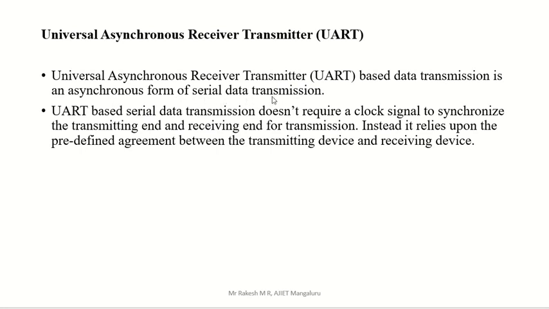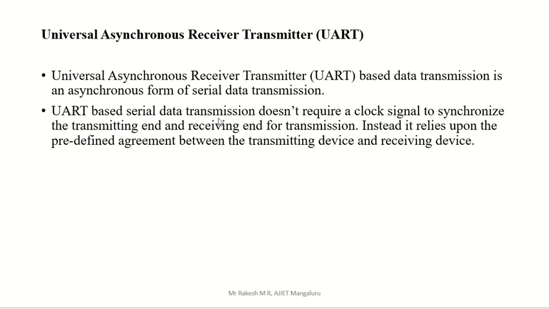In the asynchronous form we don't need any clock signal for synchronization, but in synchronous we need a clock signal. UART based serial data transmission doesn't require any clock signal to synchronize the transmitting end and receiving end. We have two ends, one is the transmitting end and one is the receiving end. That means one is the sender side and one is the receiver side.